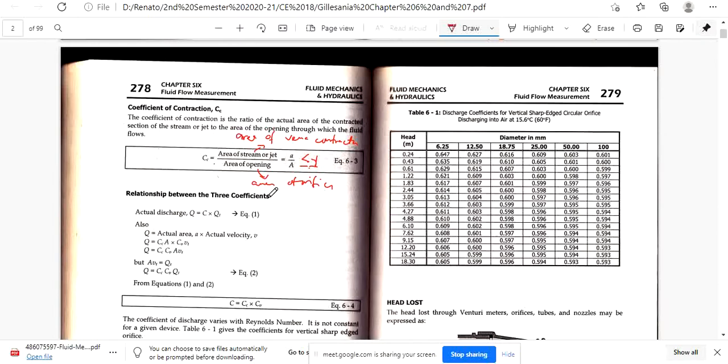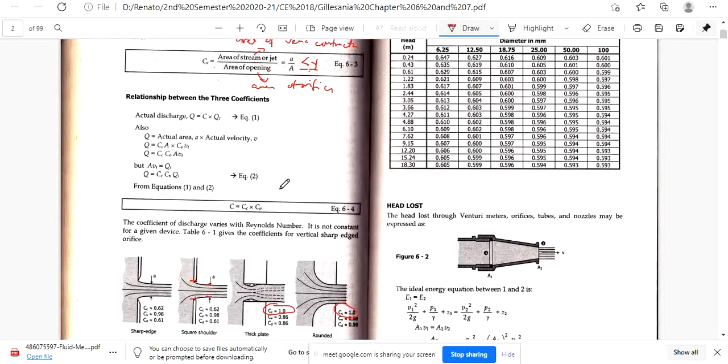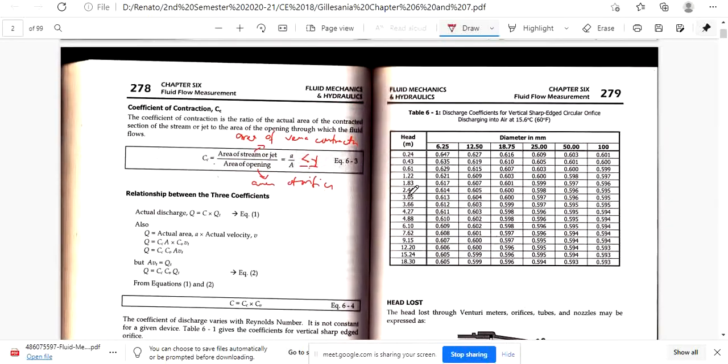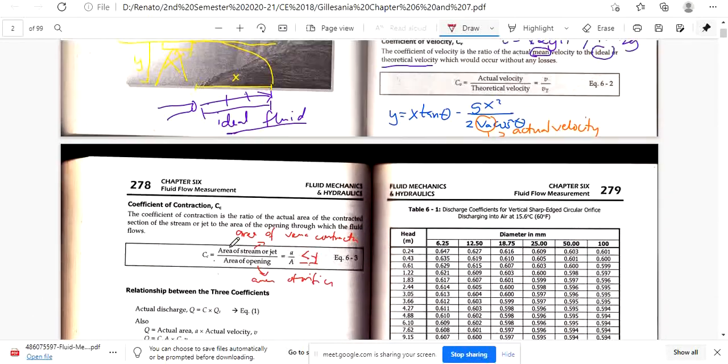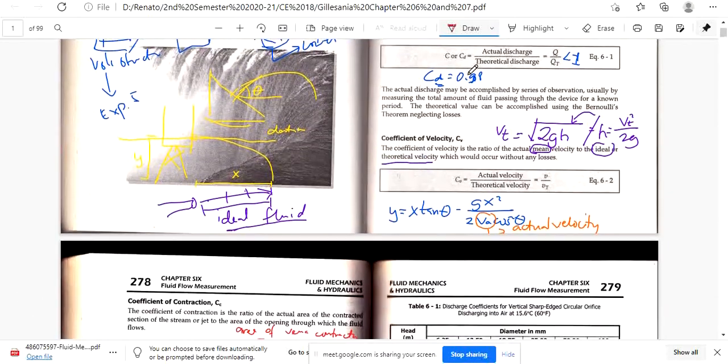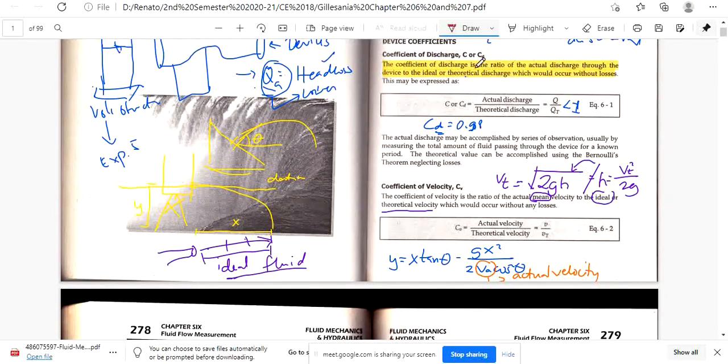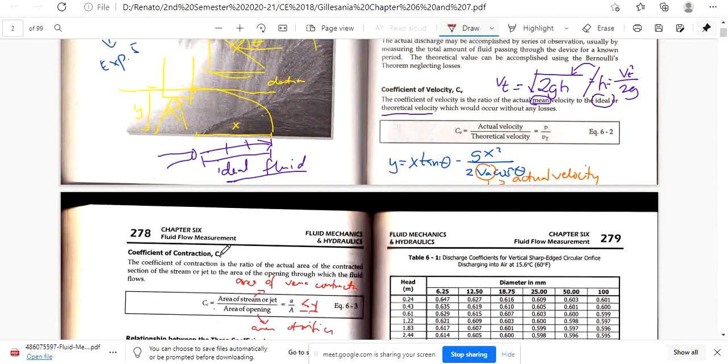So the relationship between the three coefficients, from the formula actual area times actual velocity, what you get is C equals CC times CV. So we have three device coefficients: CD, CV and CC.